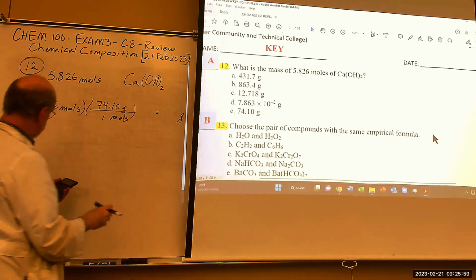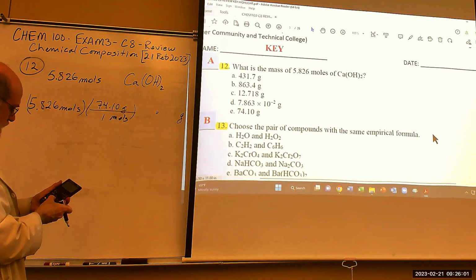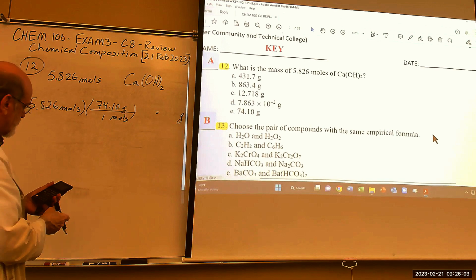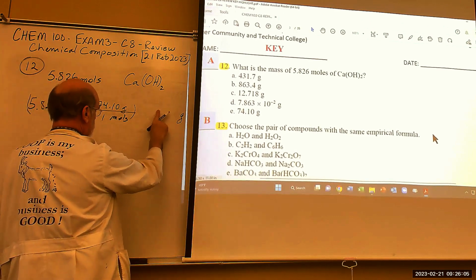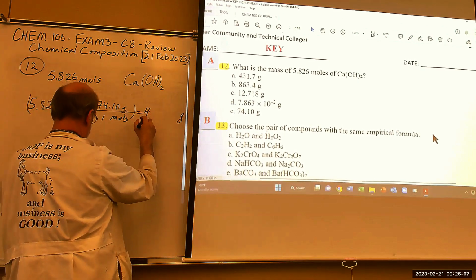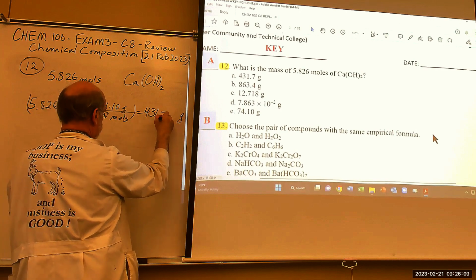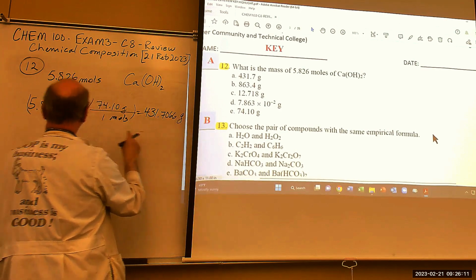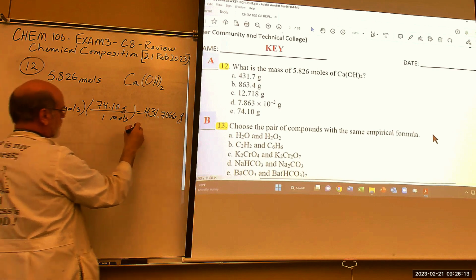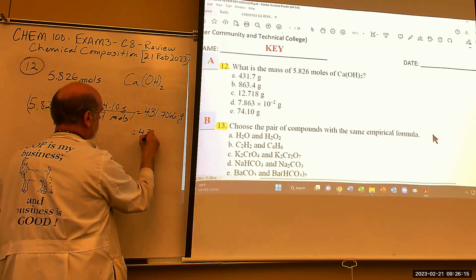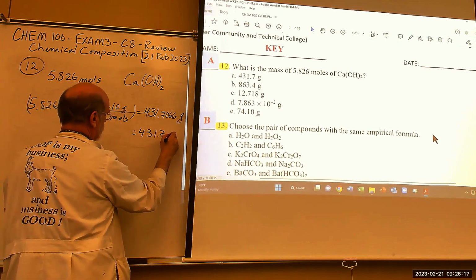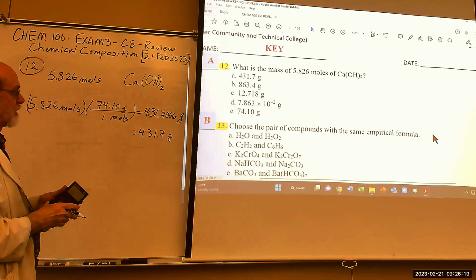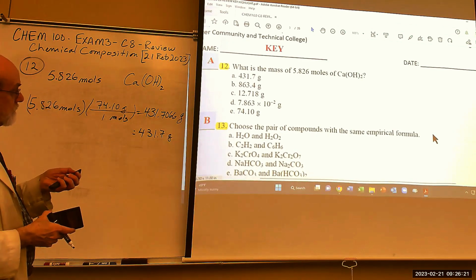And then just to be complete, 5.826 times that value is 431.7066. We have 4 significant figures, so 431.7 grams. There it is right there.